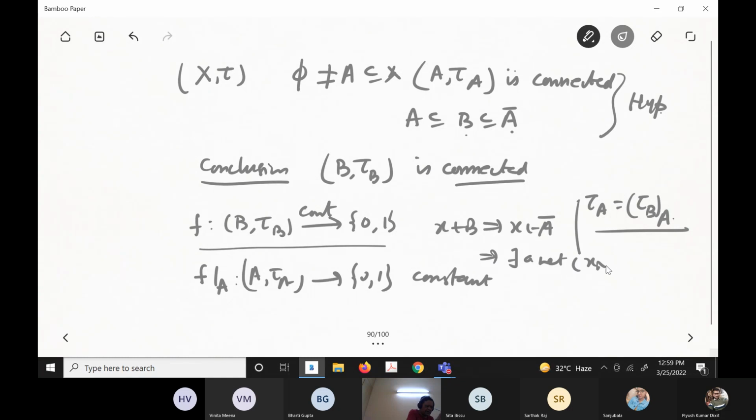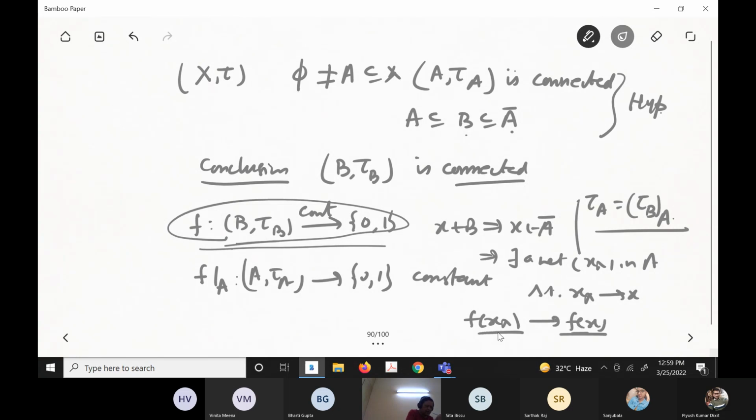(x_lambda) in A such that x_lambda converges to x. For continuous functions, f is continuous on the whole space here, so I can apply f. So f(x_lambda) goes to f(x).